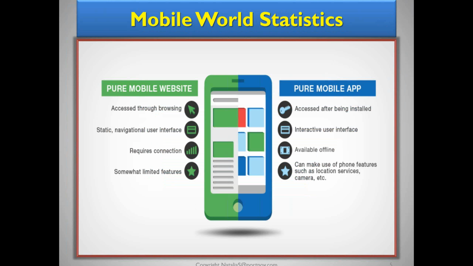And the majority of people are now using the native applications because it's more interactive, because the websites are more informative, and the mobile applications are more interactive. Available offline, and it does have access to the native resources, like location-based services or camera or other things that your wonderful phone can support.